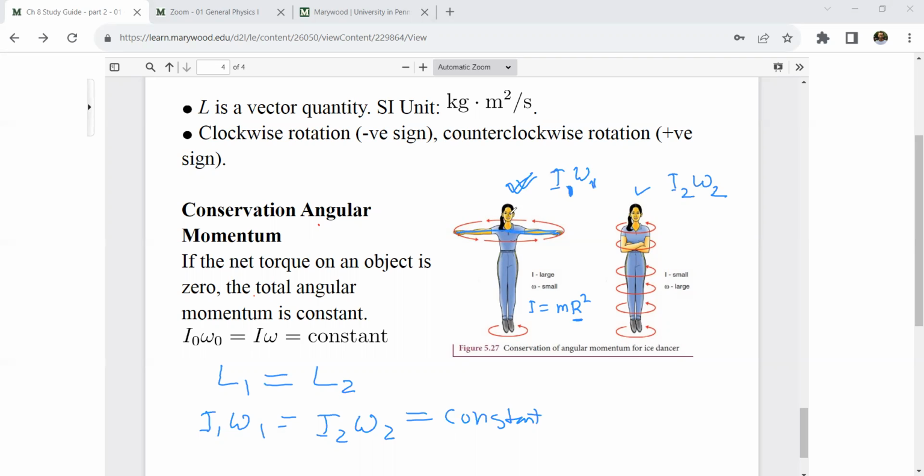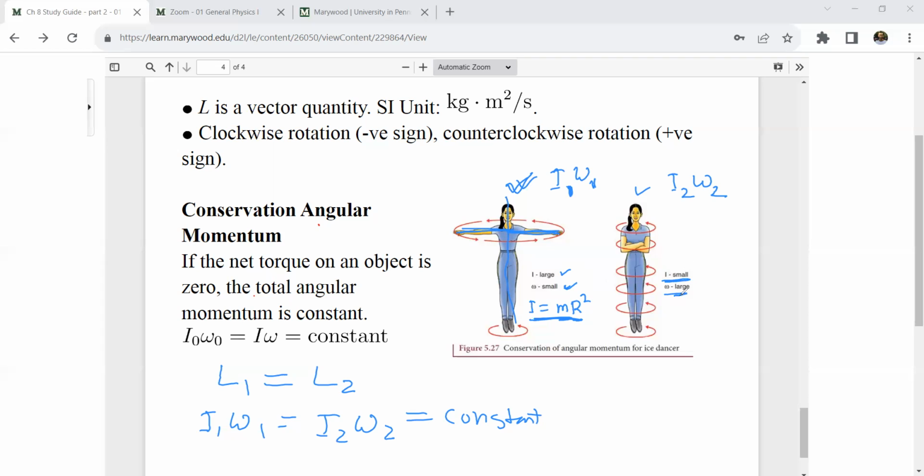If this is the rotation axis, then this is r. So I is large, and to have conservation of angular momentum, omega should be small. But in this case, I is small, so omega is large.